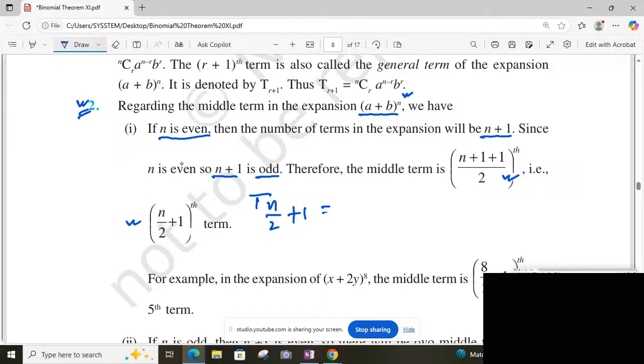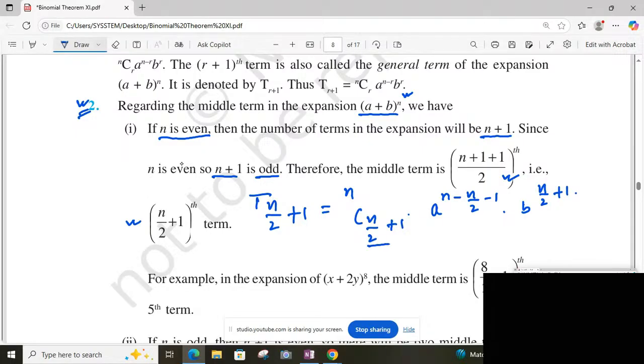So here it will be n by 2 plus 1, into a to the power n minus n by 2 minus 1, into b to the power n by 2 plus 1.